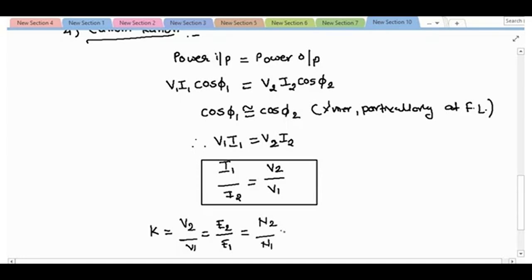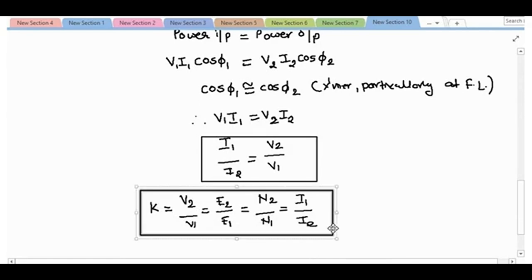But in terms of current, V2 upon V1 is nothing but the primary current upon the secondary current. So we have combined all the ratios. From this expression, it is clear that the primary and secondary currents of the transformer are inversely proportional to the respective turns and voltages.